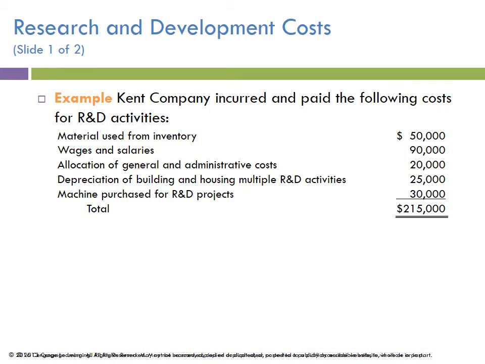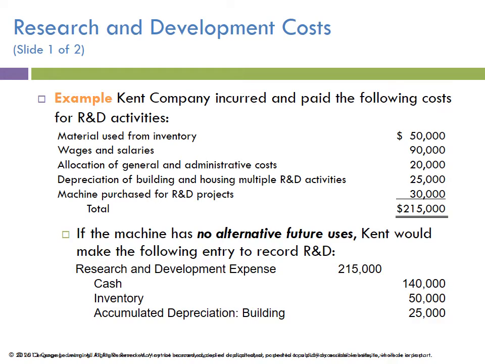So here's an example. Kent Company incurred and paid the following costs for research and development: material used from inventory, wages and salaries, allocation of general and administrative costs, depreciation of the building housing multiple R&D activities, and machine purchase for R&D projects, for a total of $215,000. So if the machine cannot be used for any other purpose but research and development, here's how Kent would record this.